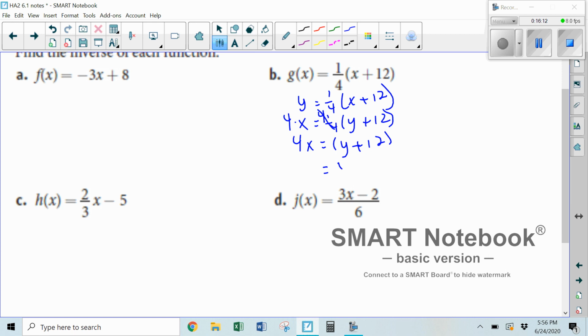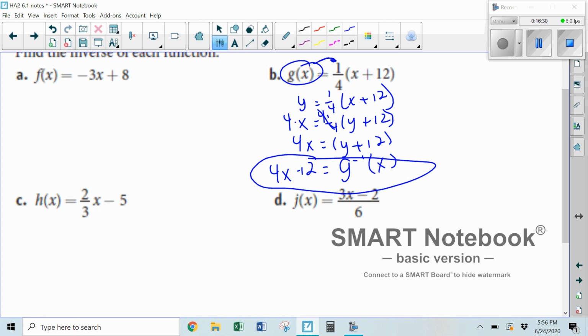Now you can get rid of the 12 by subtracting 12 on both sides. And then before you circle your answer, you want to change the y into inverse. That's g this time because that's what we started with. So this is the g function, and this is the inverse function.